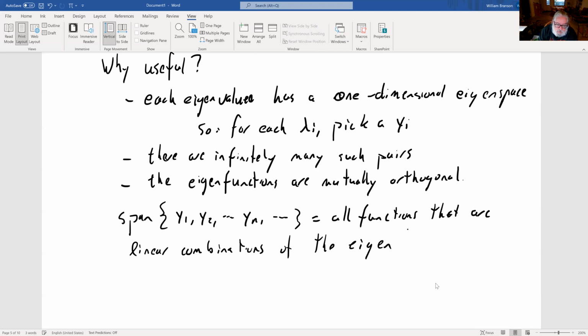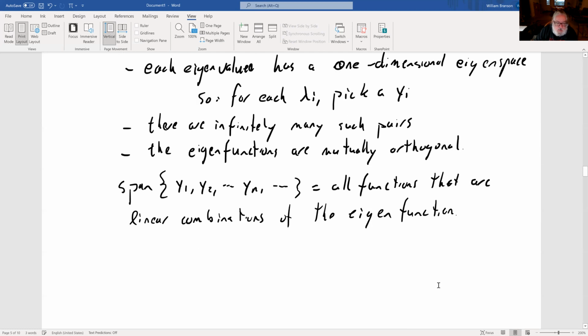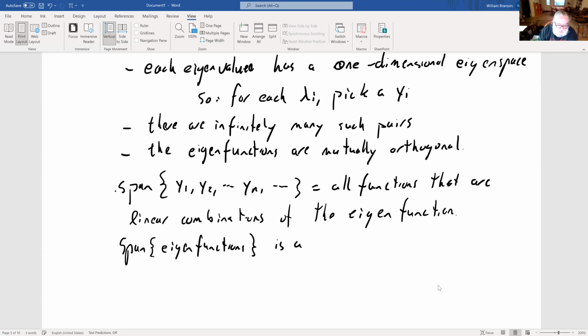So the span of that is just all linear combinations. Now, what vector space are we living in? We're living in the set of functions. So the span of this set is a subspace of the set of all functions defined on a, b.